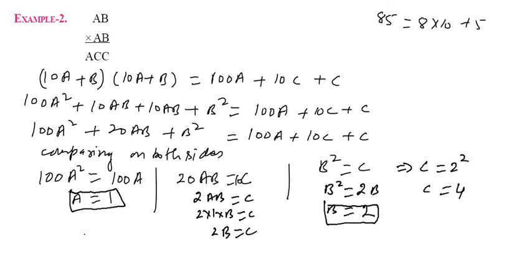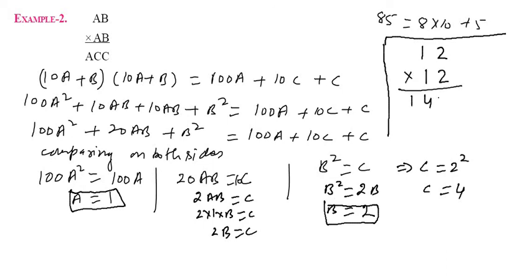So what is our solution? You can see A is 1 and B is 2. Now it is multiplied, so we get 144.